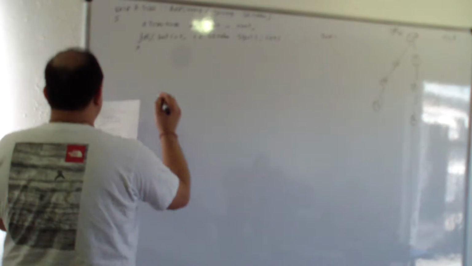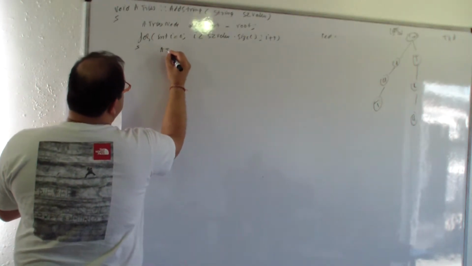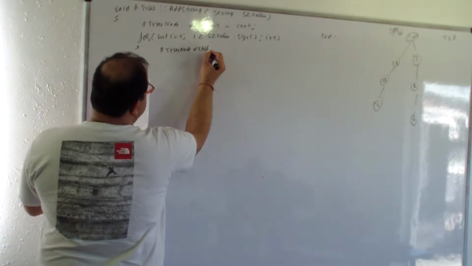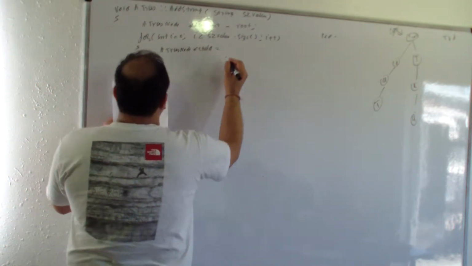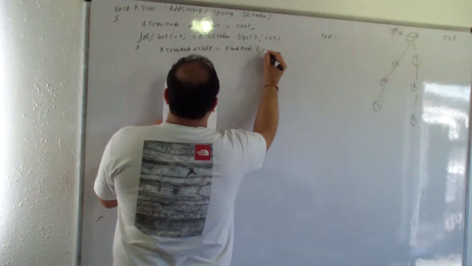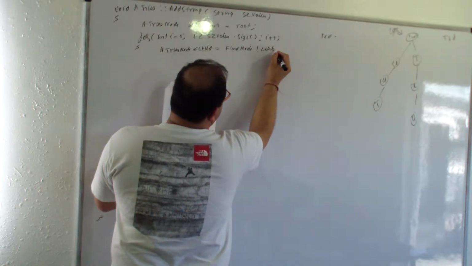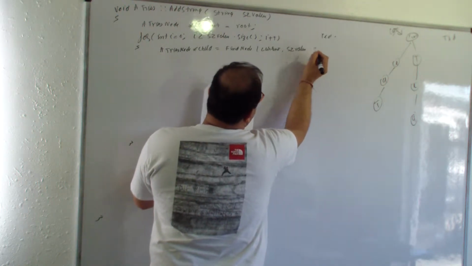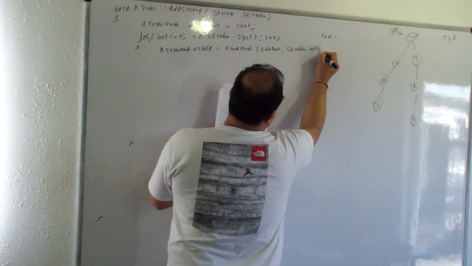Okay. And then I will say A tries node star child is equal to find node current comma sg value dot add i.